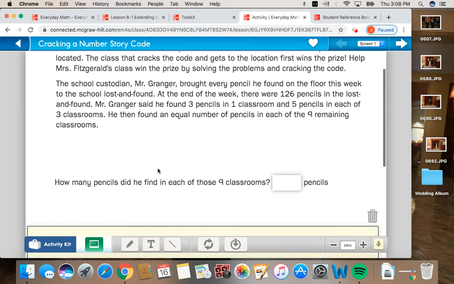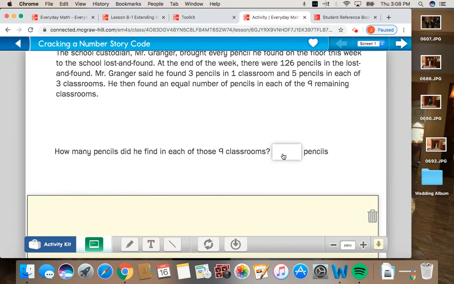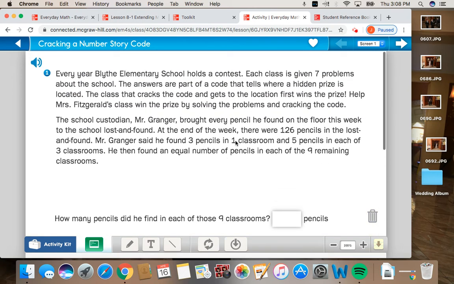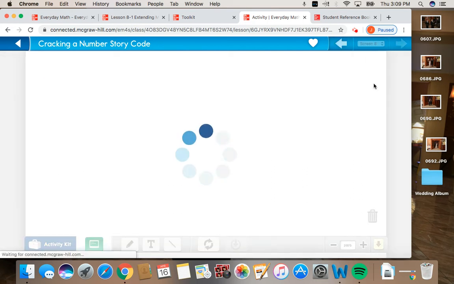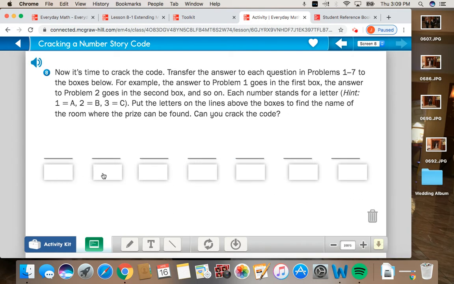When you solve your number story, you're going to write your answer in the box. And when you get to the very last screen, screen 8, you have a code that you need to crack. There's a riddle, so this one's kind of fun too, to see if your answer to the code makes sense.